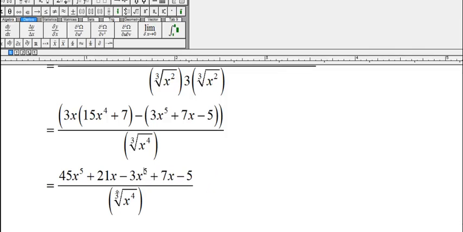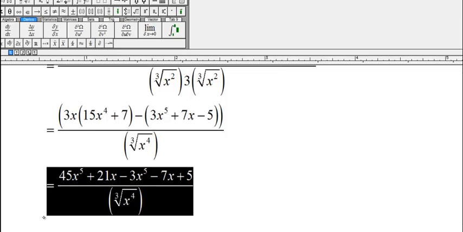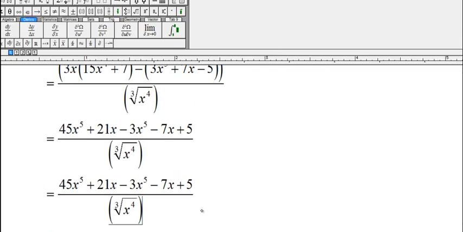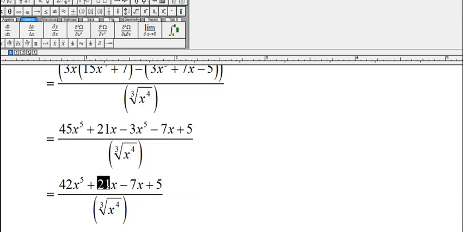So it's minus, minus, plus. 45x to the fifth minus 3x to the fifth is 42x to the fifth. 21x minus 7 is 14x.